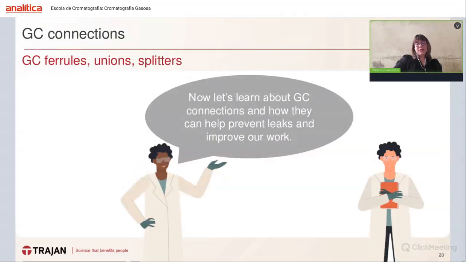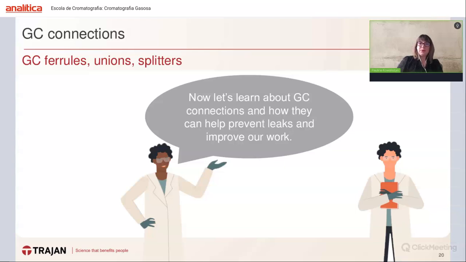So now I would like to move away a little bit from the gas filter, but as we are talking about the gases, it's worth noting that our system shall be somehow sealed. So our connections are good, so the gas will not escape, so we will not have gas leaks anywhere.